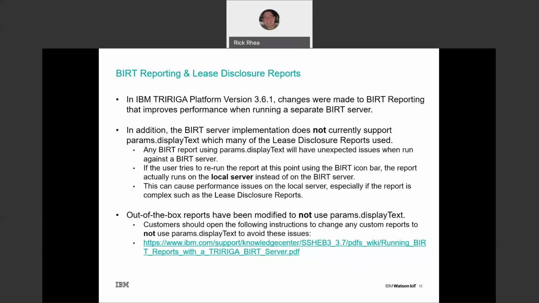And there's a set of instructions on how customers can make the change to any custom reports they've written to not use it too. I have the link that's sitting there at the bottom. So again, while we highly recommend a separate BIRT server, especially for complex reports like lease disclosure, we also make sure that you do avoid the use of params.display text. Okay.